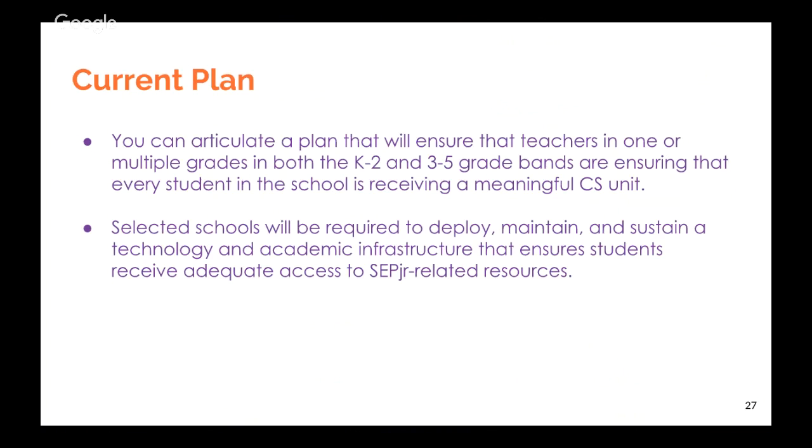Do they have the equipment available to support online activities, as well as the Wi-Fi that's connected, or at least somebody designated in the school to help troubleshoot issues that occur around technology. Now, of course, some of the materials specific to the SEPjr curriculum will be provided to schools, but we still look for schools to have some of that infrastructure already in place.